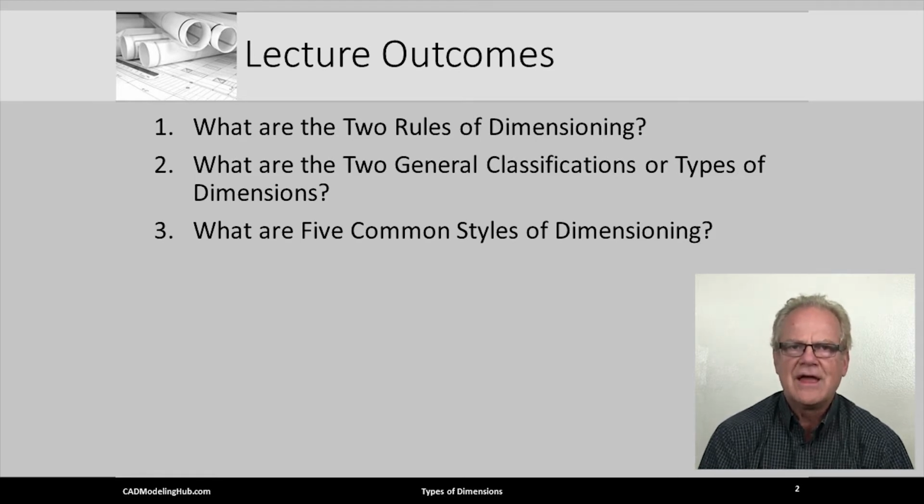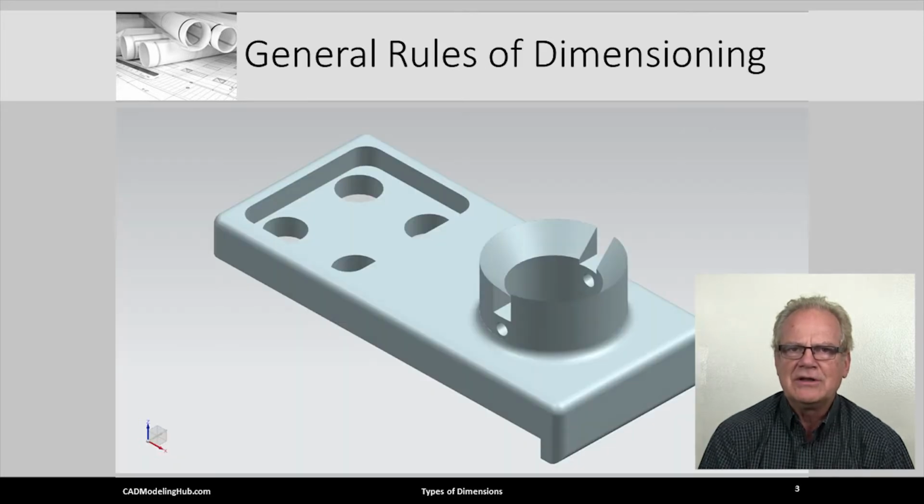Mechanical parts and components are composed or created from a number of features. This simple part illustrates this fact. A rectangular plate is the base feature that other features are added or subtracted from.